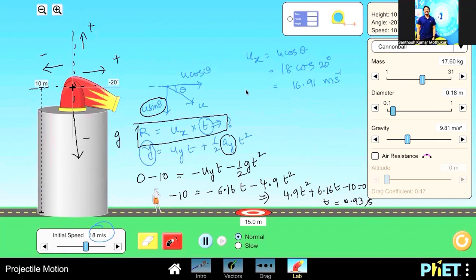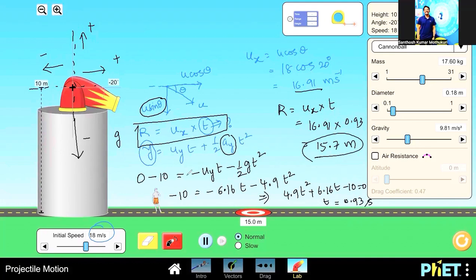Now, what is the horizontal displacement? R is equal to ux times t. Now ux is 16.91, times the time we calculated, 0.93 seconds. When you use a calculator, 16.91 times 0.93 is 15.7263, but I'm taking 15.7 meters, right?